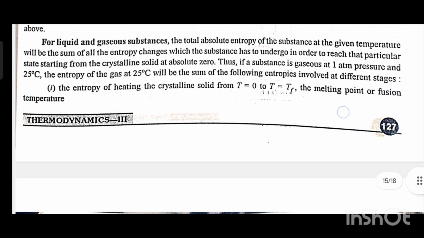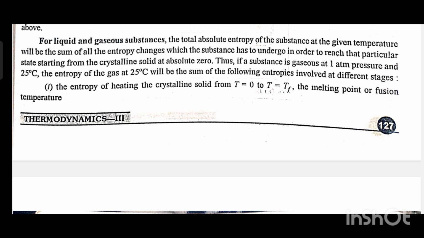For liquid and gaseous substances, the total absolute entropy of the substance at the given temperature will be the sum of all the entropy changes which the substance has to undergo in order to reach that particular state starting from the crystalline solid at absolute zero.